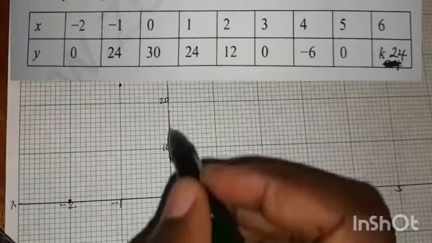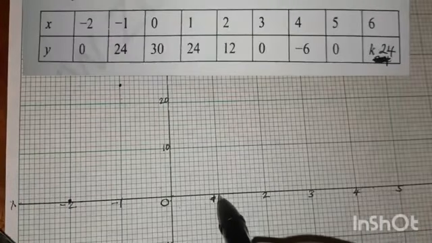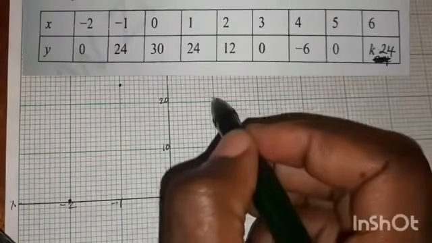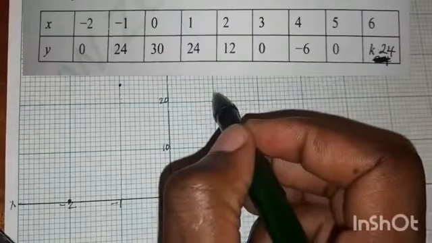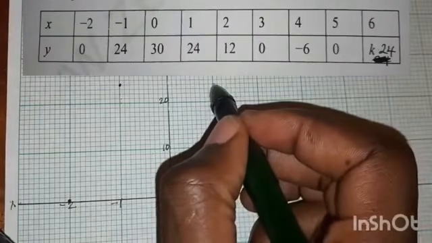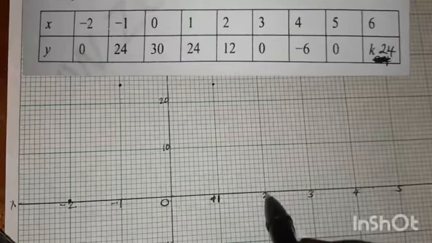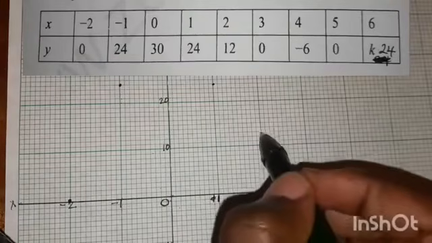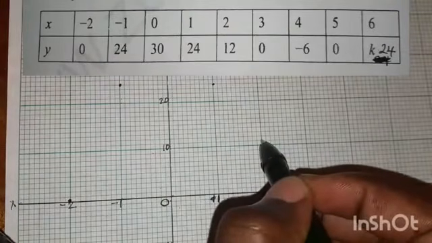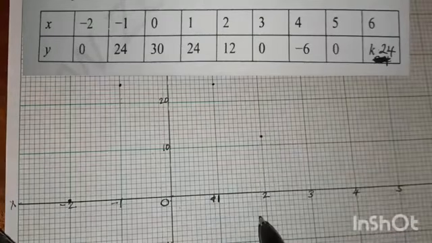It's here. Then 1, 24. Positive 1, 24. So 20, 1, 2, 3, 4 here. Then 2, 12. This is 10, 11, 12. It's here. Then we have 3, 0.